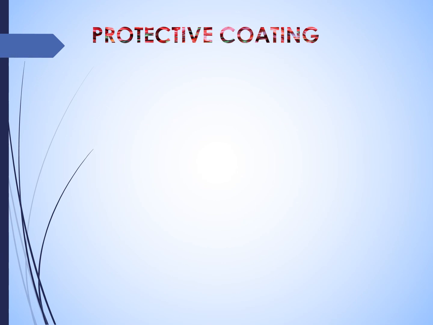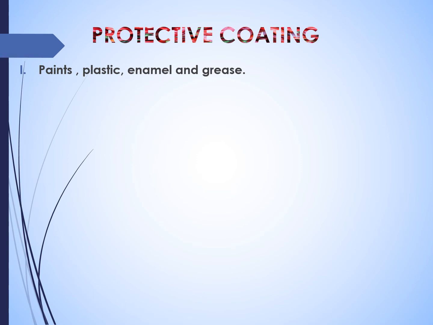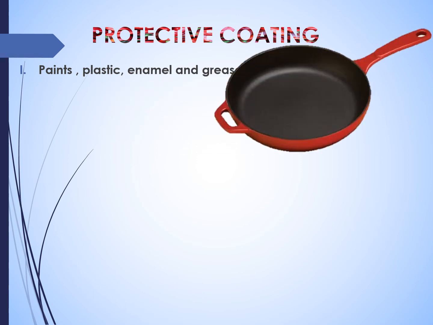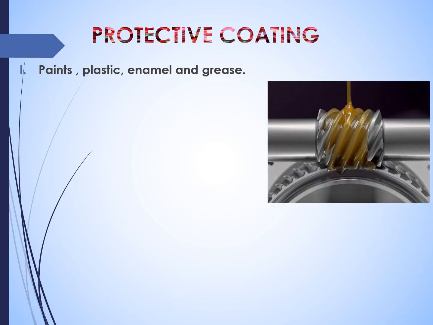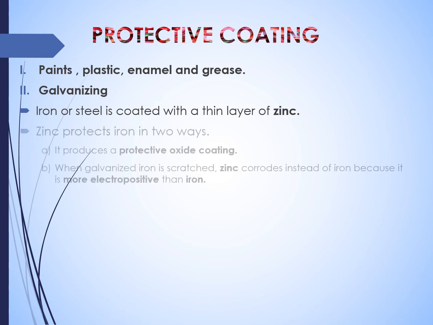Protective coating. Paints, plastic, enamel, and grease can be used to prevent rusting. Galvanizing. Iron or steel is coated with a thin layer of zinc. Zinc protects iron in two ways.